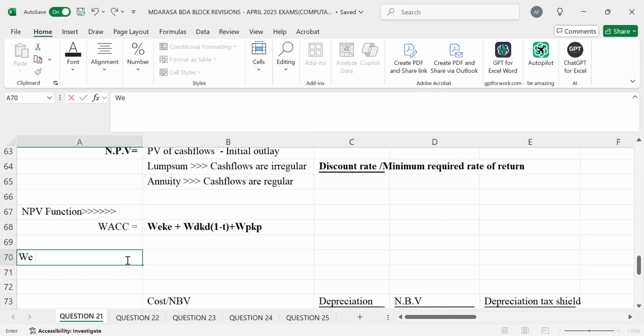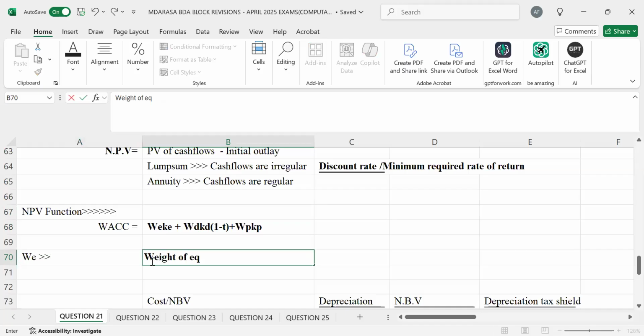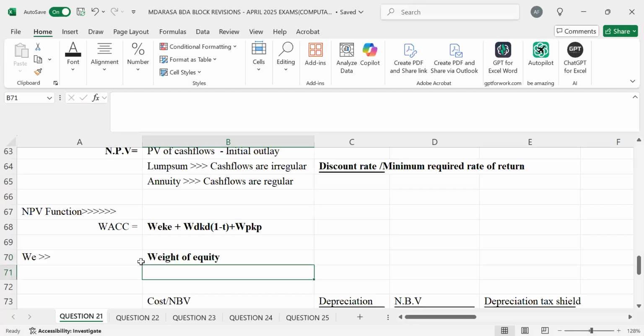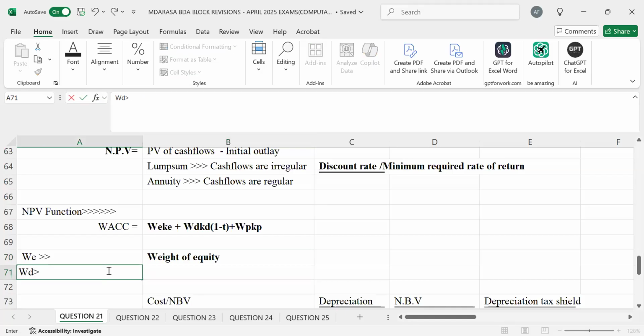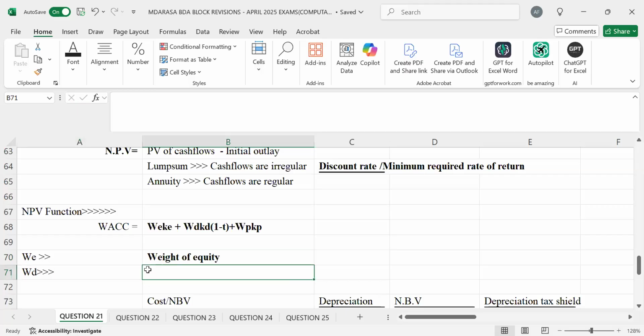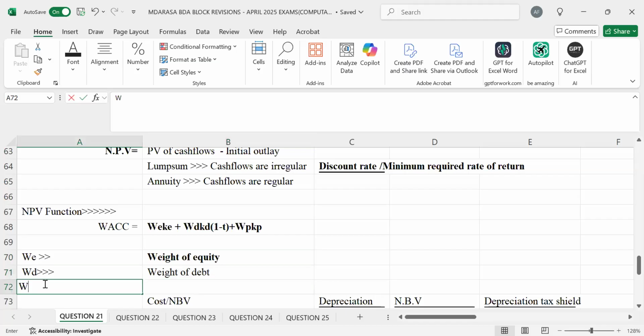WE simply entails the weight of equity. WD entails the weight of debt. WP entails the weight of preference shares.